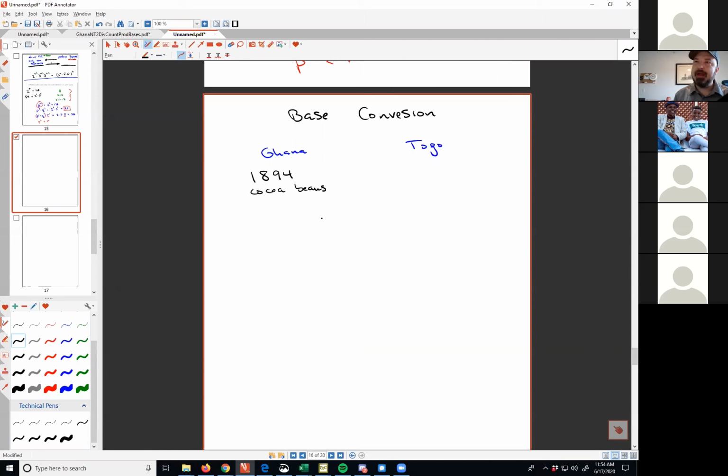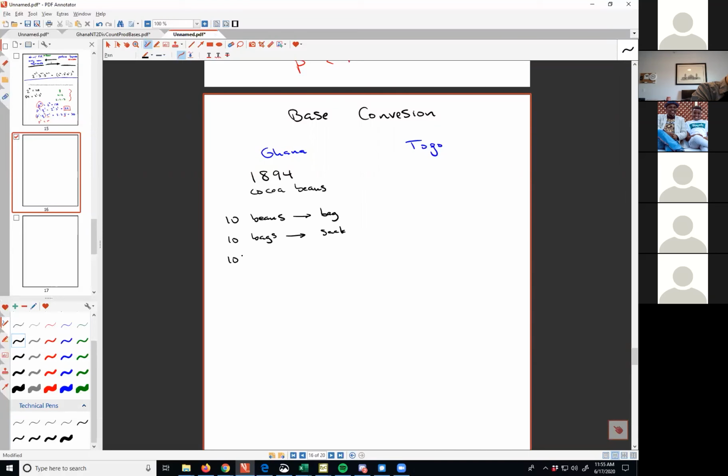you want to repack. Right now in Ghana, you package things up. Maybe 10 beans per little bag, and 10 bags make up a sack.